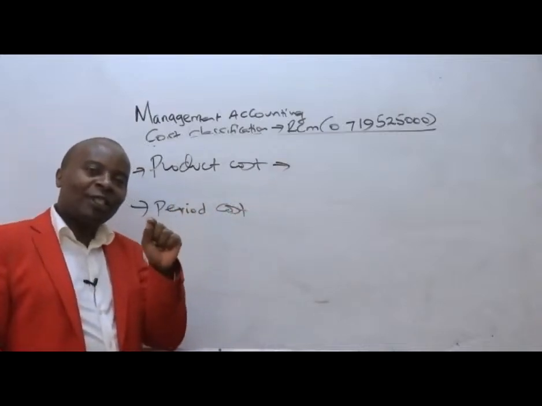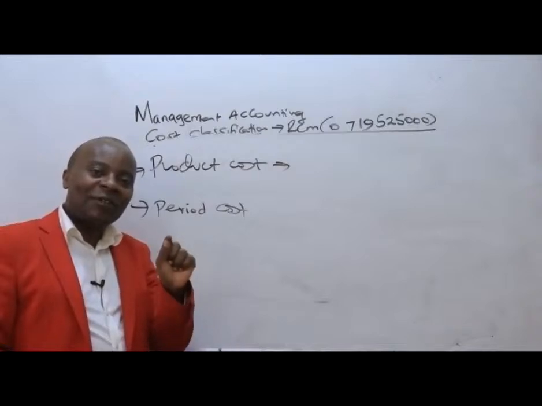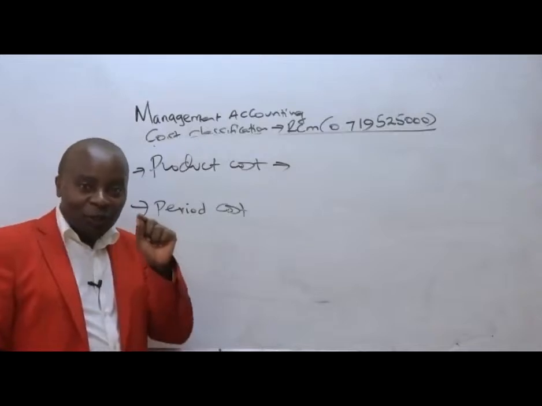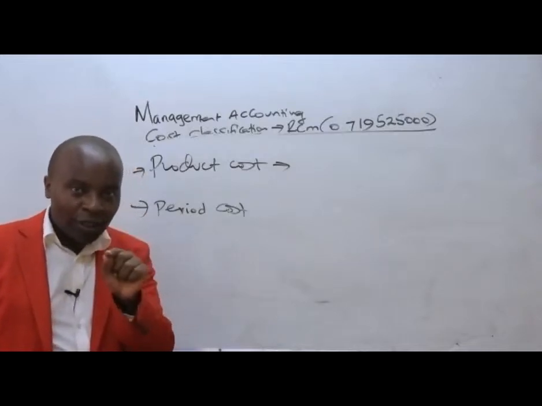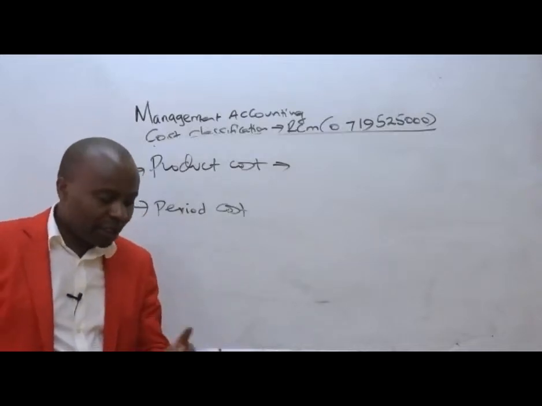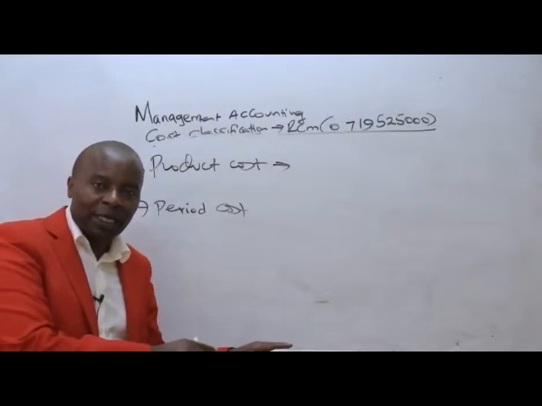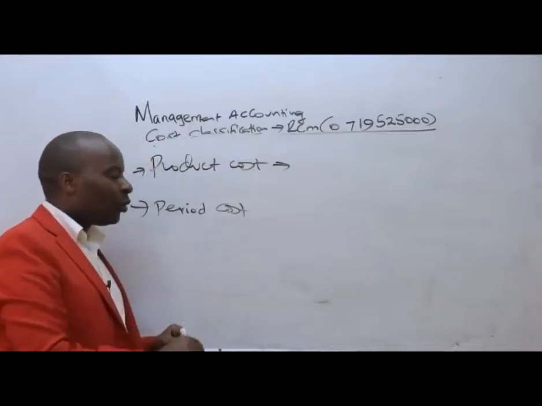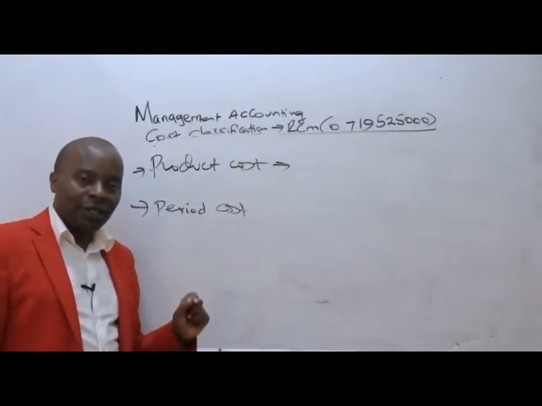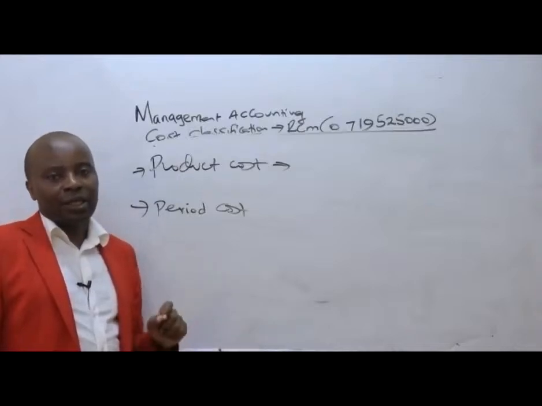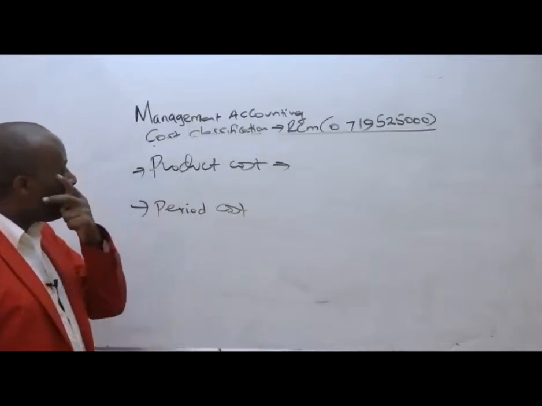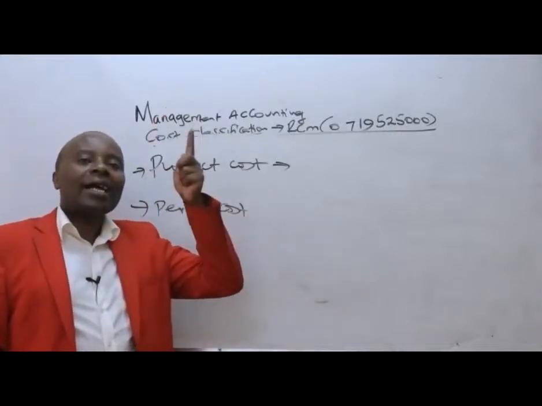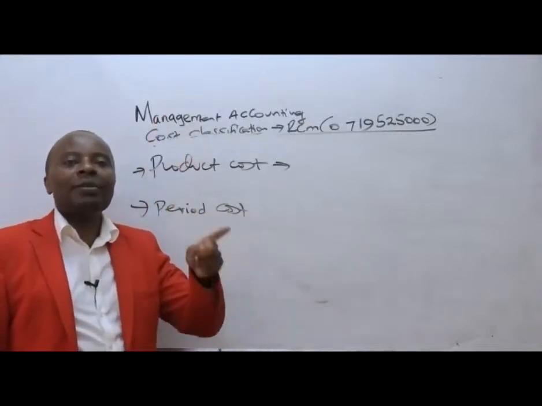Product costs are those costs that are attributable directly to the manufacturing process. We can trace them and say for sure this component went to this particular inventory item, this particular good which was produced, like raw materials, direct labor, etc. So most importantly, product costs are those costs which are directly associated with the inventory items that we have.